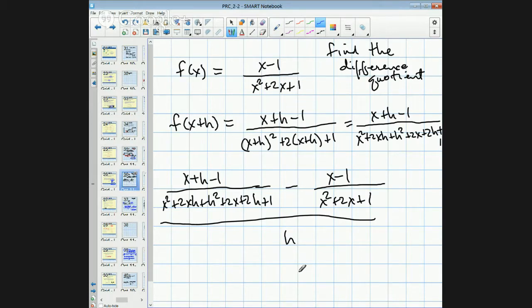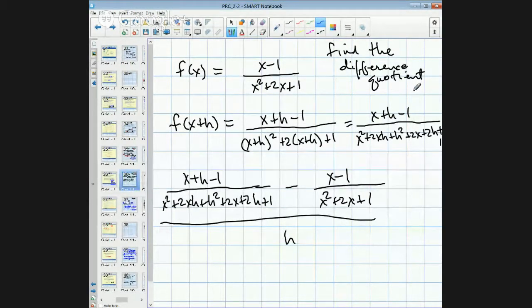Now I want to show you one that's a little bit more of a challenge. In fact, this one is kind of like number 81 in the book, where you start off with an algebraic fraction. Okay? So here's a fractional function, and we are again to find the difference quotient.